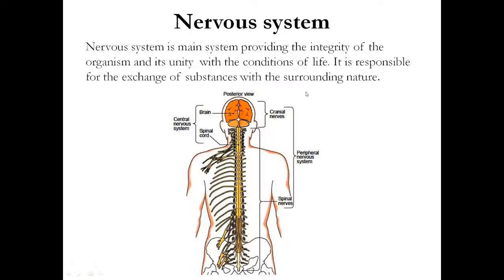Nervous system. What you see, the nervous system. The nervous system is the main system providing the integrity of the organism and its unity with the conditions of life. It is responsible for the exchange of substances with the surrounding nature. What you see, the central nervous system and the peripheral nervous system.